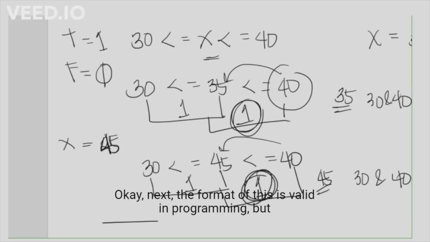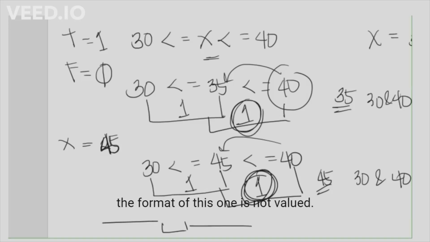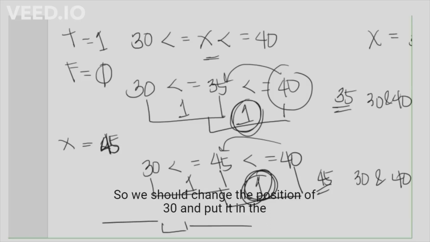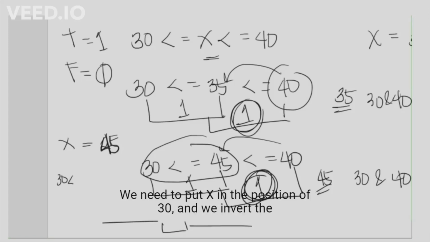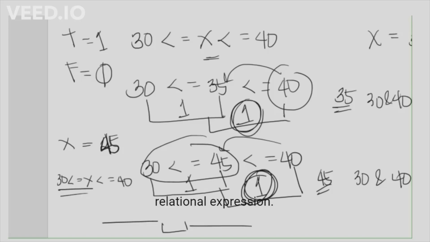Next, the format of this is valid in programming, but the format of this one is not valid. So we should change the position of 30 and put it in the position of x, and put x in the position of 30, and we invert the relational expression.